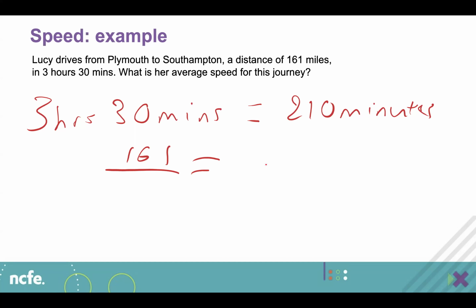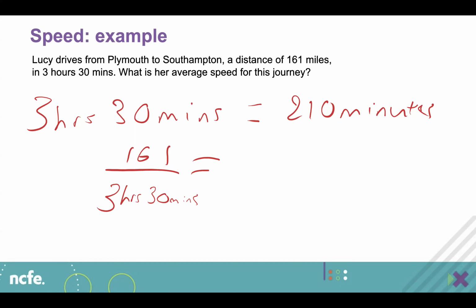So she travels 161 miles in 3 hours and 30 minutes. In 1 hour she will travel, 3 hours and 30 minutes is 3.5, so you just divide it by 3.5.